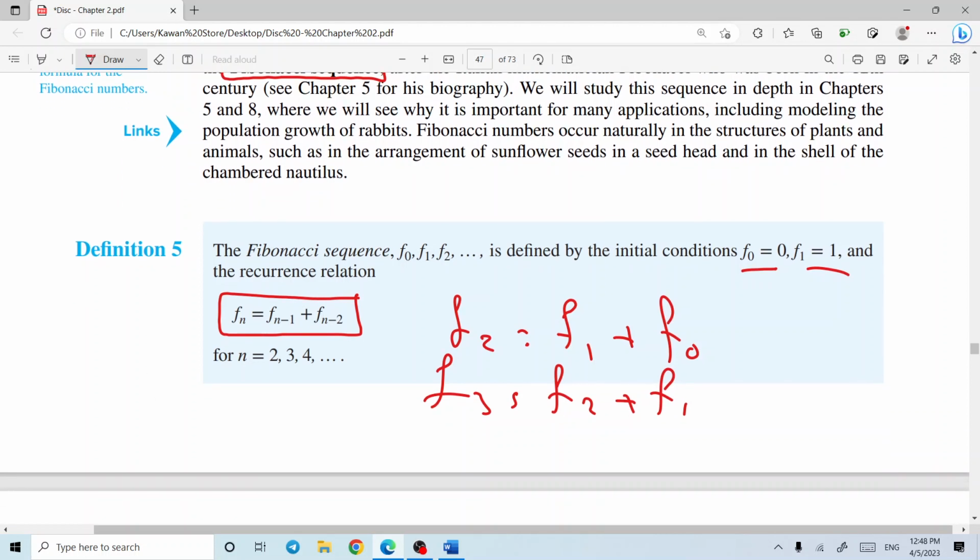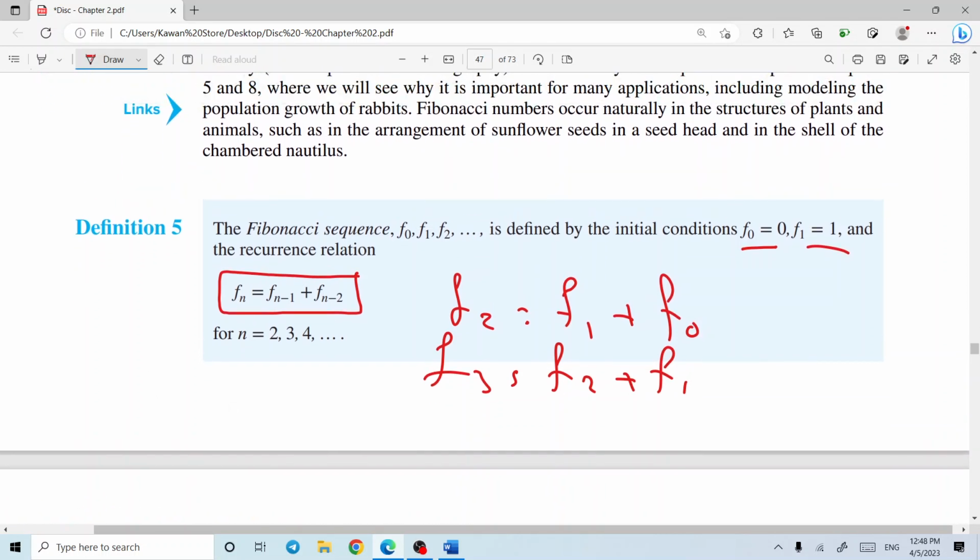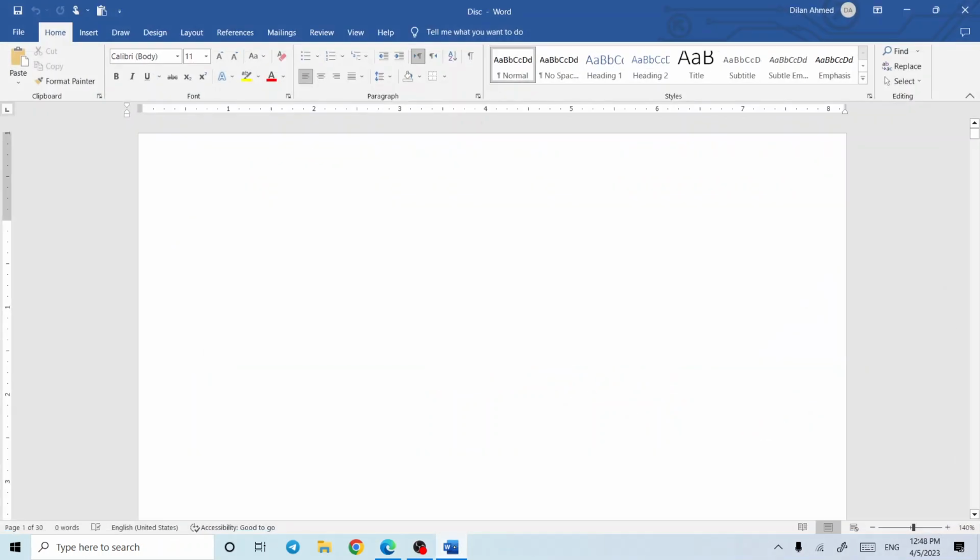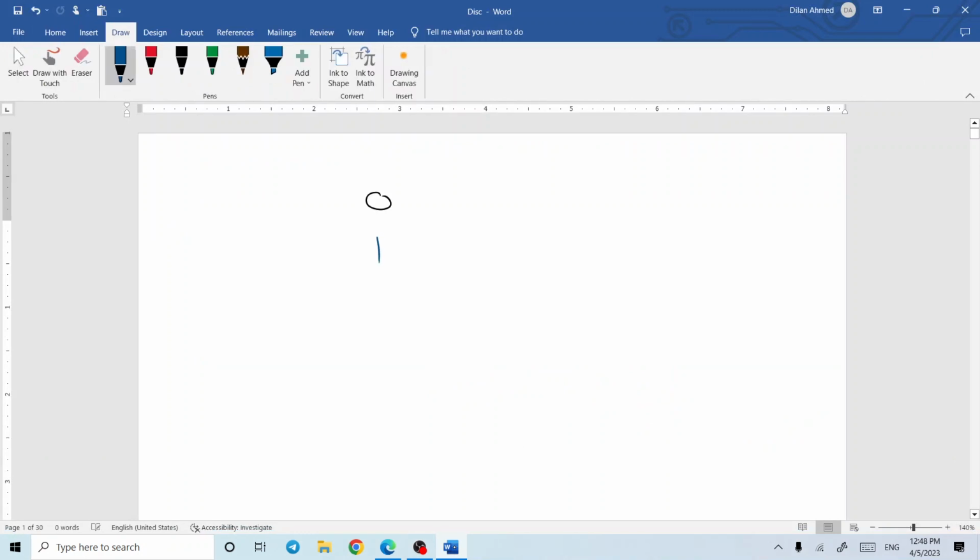The first term is 0, so F2 is 0 plus 1, which is 1. F3 is 1 plus 1, equal to 2. At the beginning you have 0, then 1.